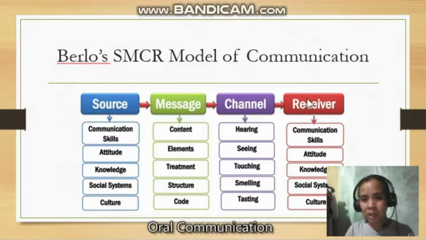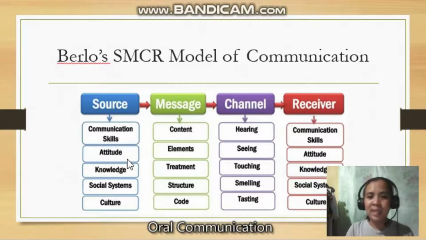In the same manner, as you can see in the receiver part, communication skills also relate to the way the receiver understands the message. If the receiver cannot grasp or understand the message, then the communication will not be effective. So the skills would definitely include skills to speak, to present, read, write, and of course, listening.